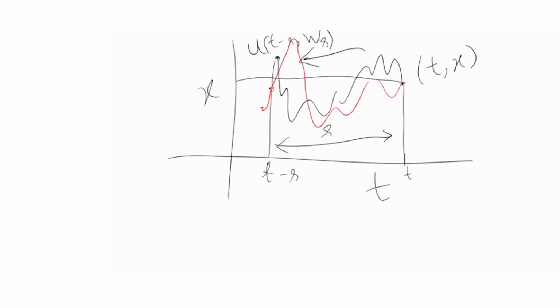So here we have drawn this black and red color, these two paths of Brownian motion, and there we see that it stopped somewhere, at the time point s.